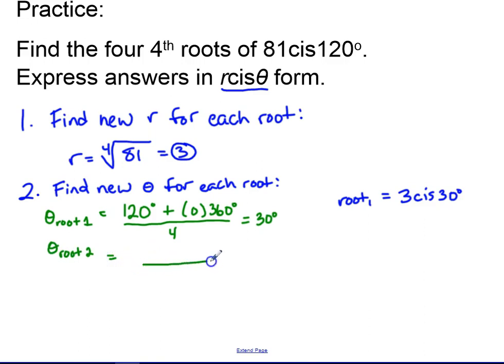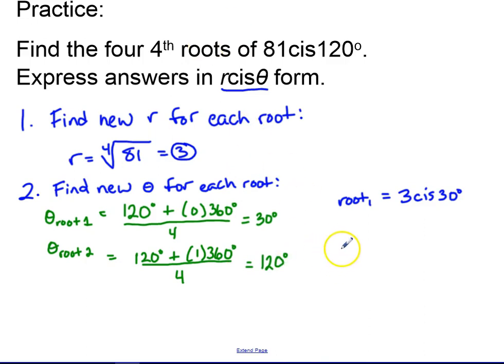So for root 2, we've got our original theta, 120 degrees, plus this time k takes on the value 1. We're going to add on 360 one time and see where that puts us. If we add on 360 one time to 120 and divide by 4, that gives me 120 degrees.